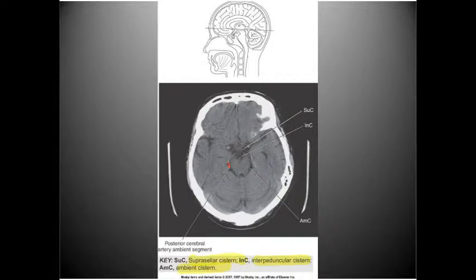We have the posterior cerebral artery, we have the middle cerebral artery, the anterior cerebral artery, the ambient cistern, fourth ventricle, cerebellum, lateral fissure, falx cerebri, frontal sinus, mastoid.